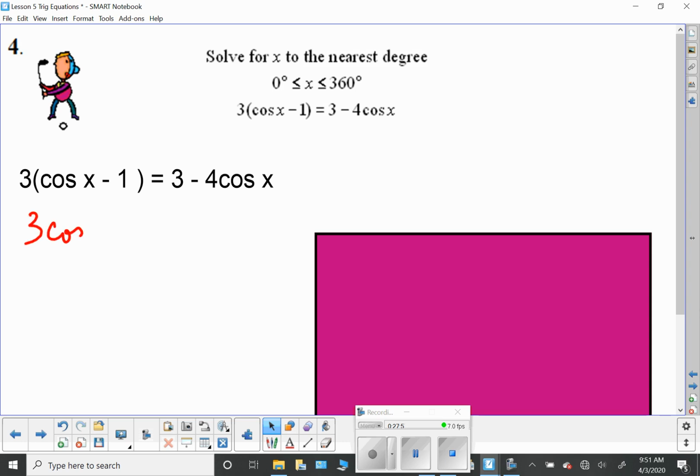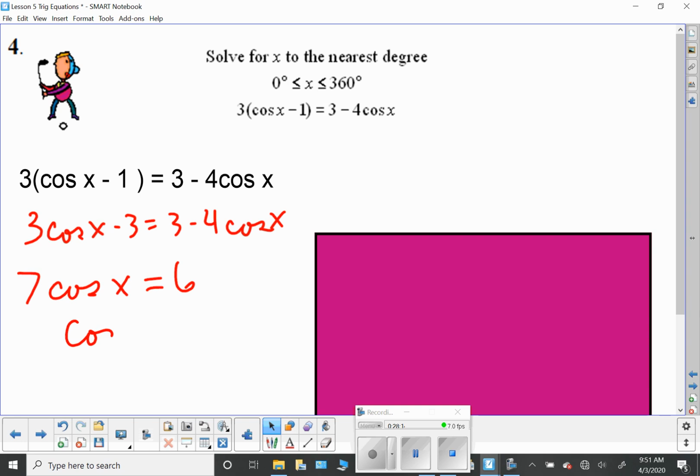3 cosine x minus 3 equals 3 minus 4 cosine x. Add 4 cosine x to both sides. 7 cosine x. Add 3. Cosine x equals 6/7. Well, it can, but guess what?